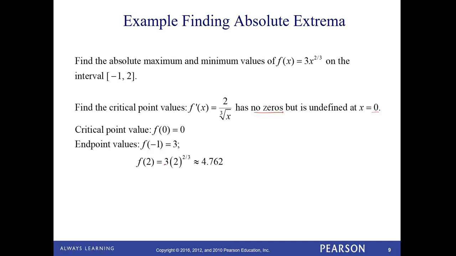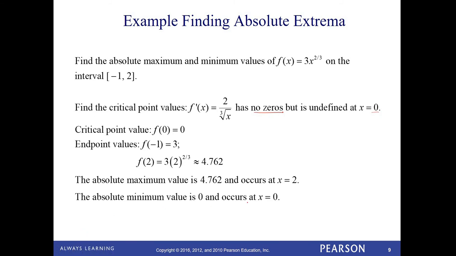So f of negative 1 is 3. F of 2 is approximately 4.762. So of these three values, what would be your absolute extrema? The absolute maximum is 4.762 and it occurs at x equals 2. The absolute minimum is 0, occurring at x equals 0.